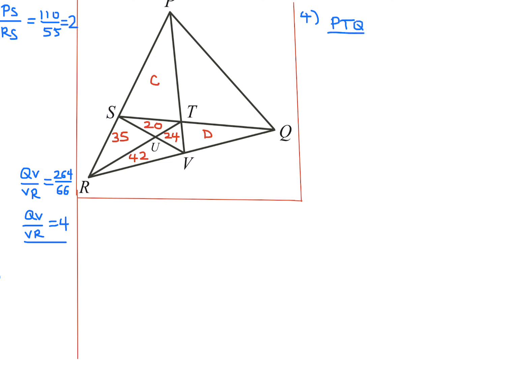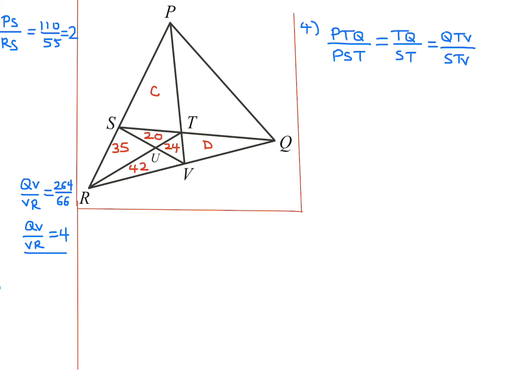Again, we're going to go back to that same principle and look at a few more triangles, this time PTQ and PST. And those bases are TQ and ST. But 2 other triangles share the same bases, namely QTV and STV. Now PTQ, we have to look at this and say, well, I don't know what PTQ is actually. I haven't labeled, haven't figured out any value. So that's obviously what we're going to figure out.